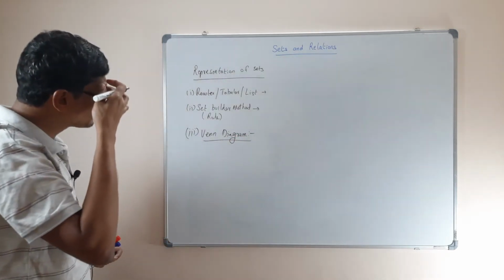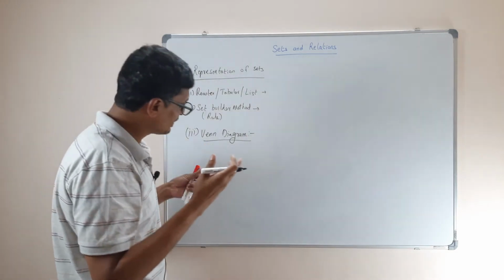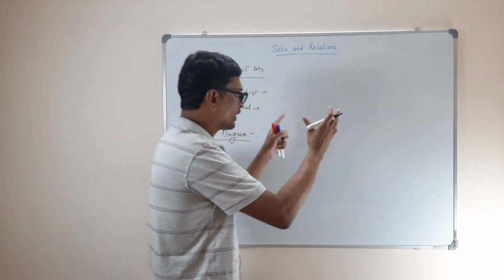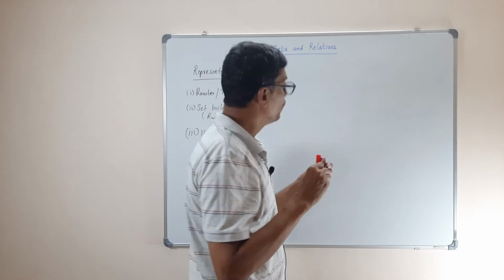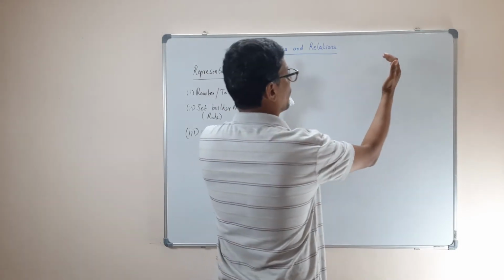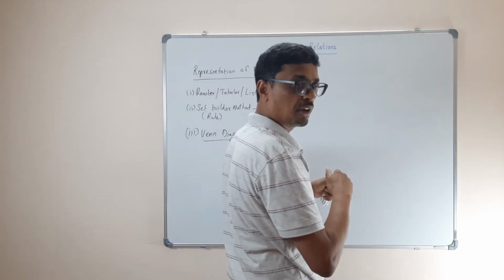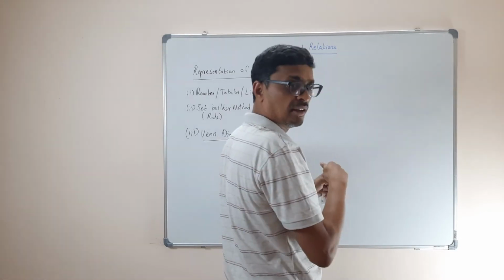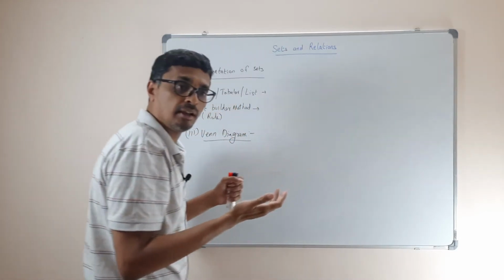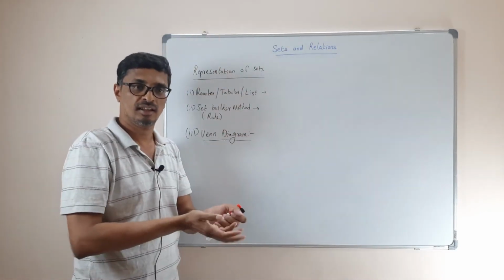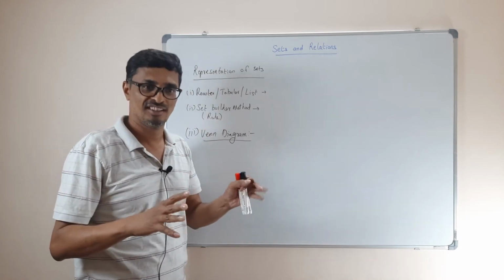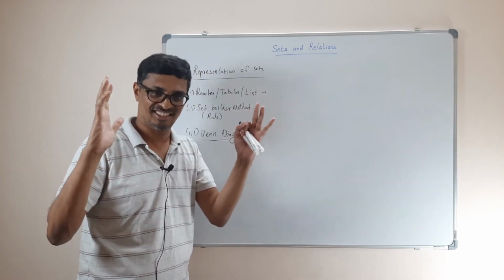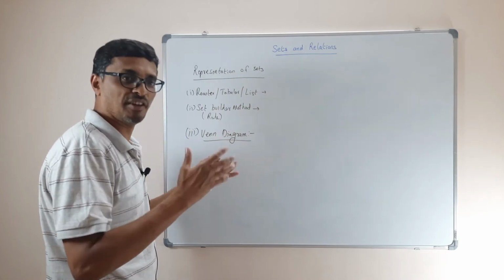Venn diagram is nothing special. You have a collection of objects, right? You put the objects in the form of a curly bracket. There's nothing special about that. I can make a box and put all the objects into it, and then I call that a set. Correct? So that's what you call a Venn diagram.